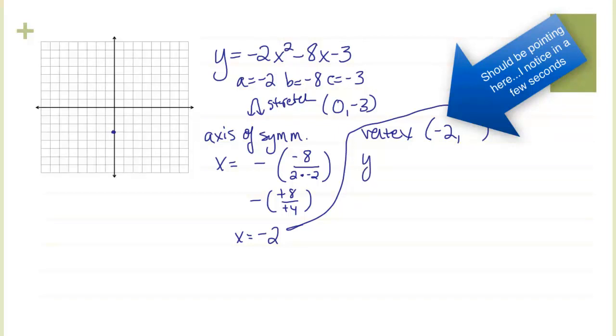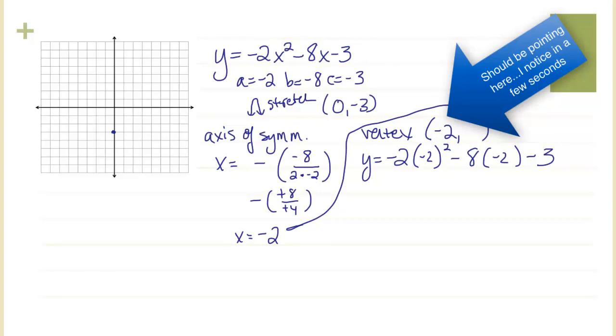So we've got y equals negative 2 times x squared minus 8 times x minus 3, and we're going to plug in our x value that we got for the axis of symmetry into both of those x spots. Now we got to be really careful about our order of operations.